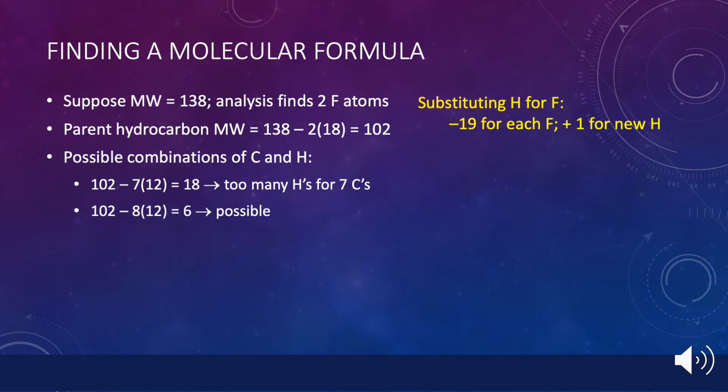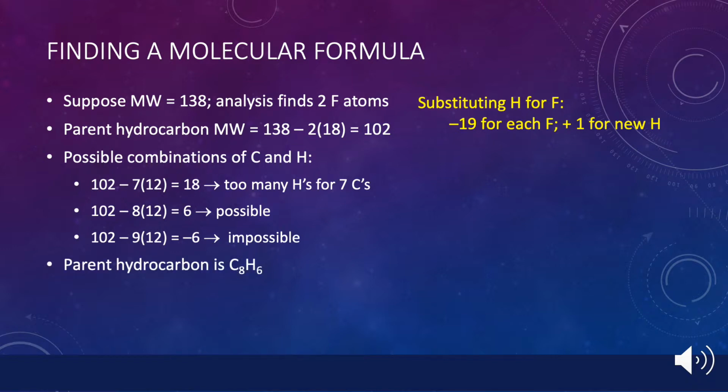If there are 8 carbons, this would imply a total of 6 hydrogens, and this represents a better possibility. 9 carbons have more mass, 108, than the parent hydrocarbon at 102, so this would not be possible. Our conclusion is that the only possibility is a hydrocarbon of formula C8H6. When we now introduce the 2 fluorine atoms, this gives us a formula of C8H4F2 for the unknown fluorinated contaminant.